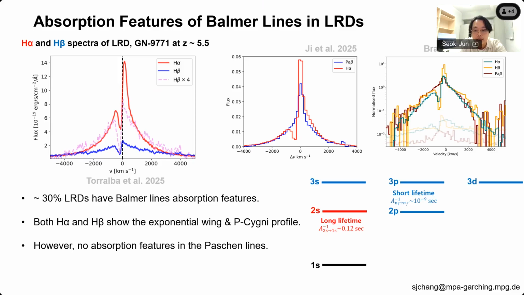The 2s state is metastable because the 2s to 1s transition is forbidden, so the 2s electron lifetime is much longer than other excited states. This means other excited states have a much lower population than the 2s state; among all states, the 1s state is always dominant. So this might be why LRDs have absorption only in the Balmer lines, not in the Paschen lines. I will address this point with my simulation later.